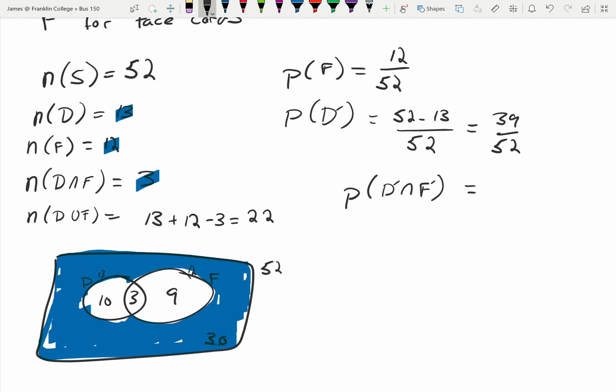We have already figured out how many are not in the union, that's 30. And we're going to be dividing it by our total sample space, 52. And that's how we can figure out that type of question.